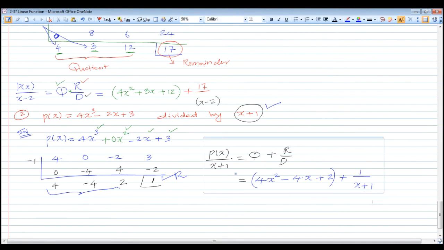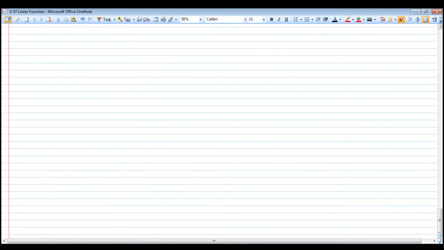Another problem with a similar method, but here two terms are missing.